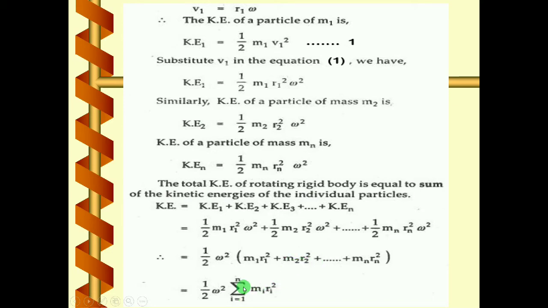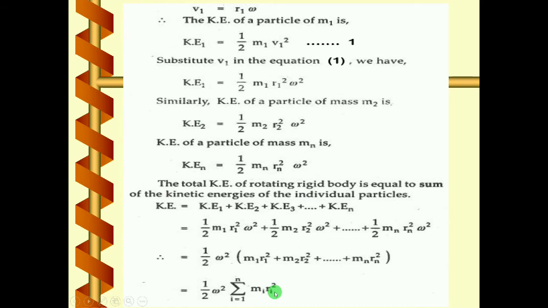As you are writing summation, it means you will add all the values, and in between you write a plus sign. Similarly, for the last particle, the i value will be n, so you write mn rn square. So this bracket is actually the compact form, that is summation i equal to 1 to n mi ri square.